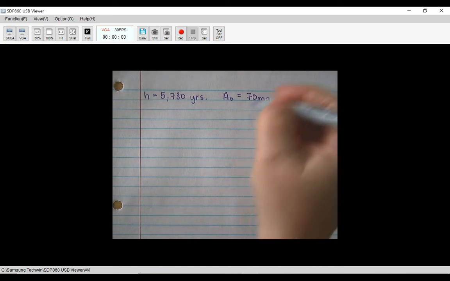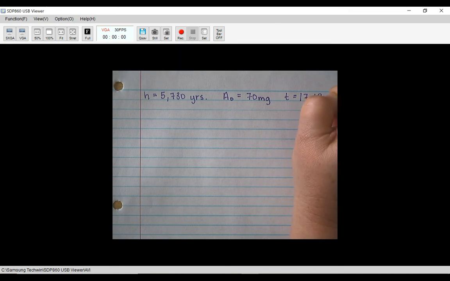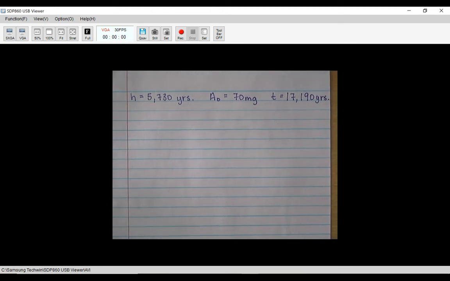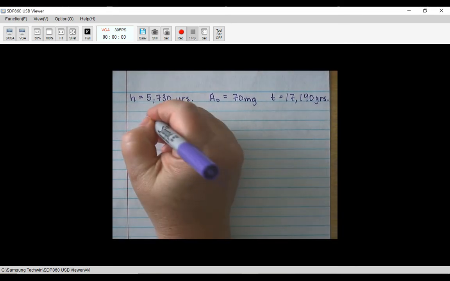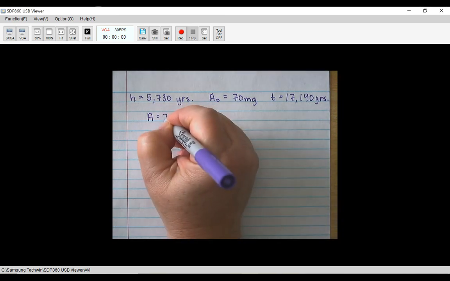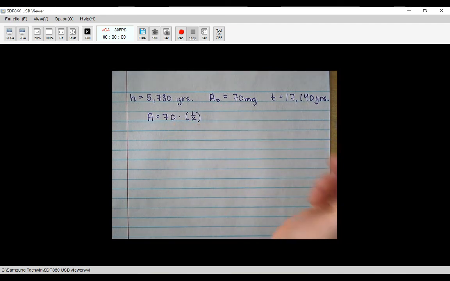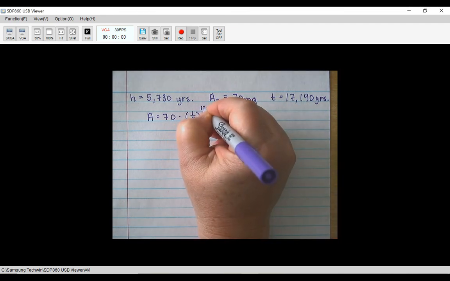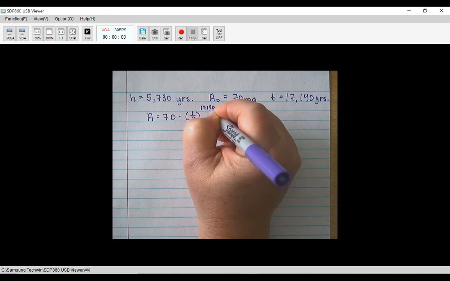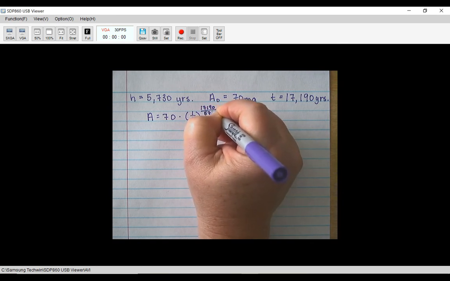And we want to know how much is left after a time of 17,190 years. Okay, if you plug these into the formula, you can find your final amount. Your original amount times 1/2 to the power of time divided by half-life, which is 5730.